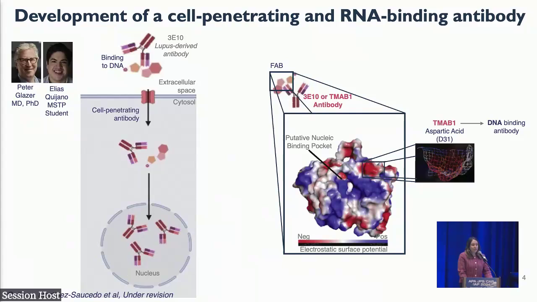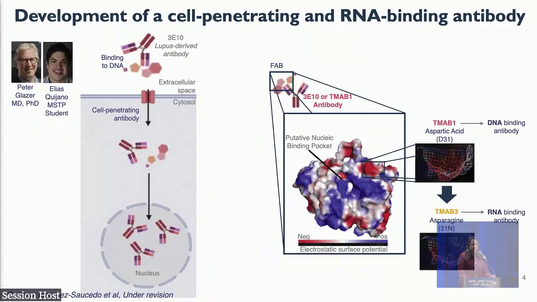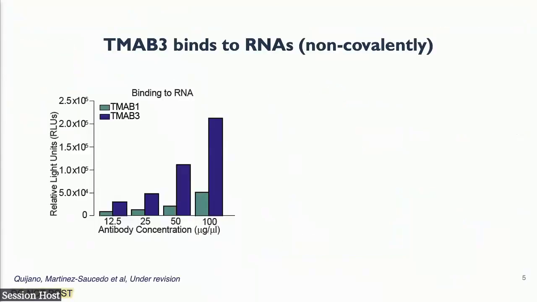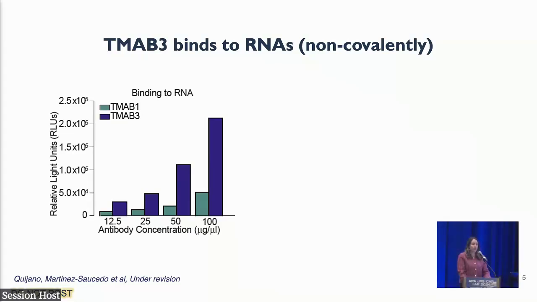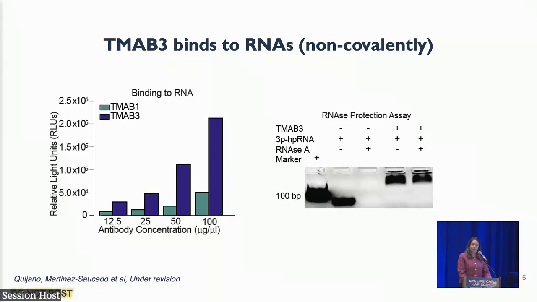So they made a single point mutation. Sure enough, this mutation was enough to make the antibody also bind to RNA, and not only that, but also protect it from degradation.